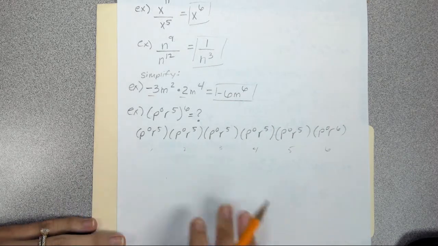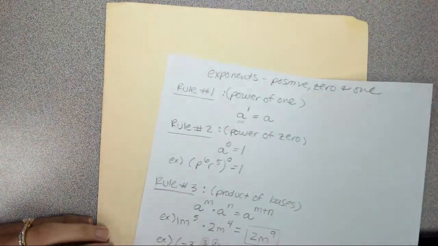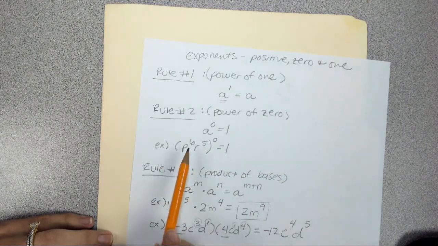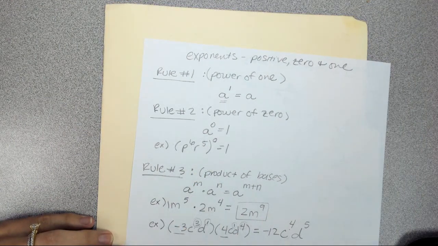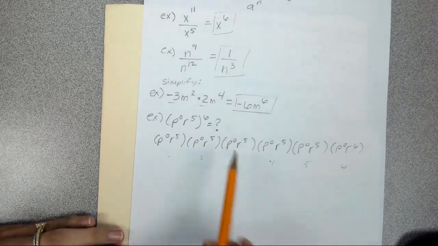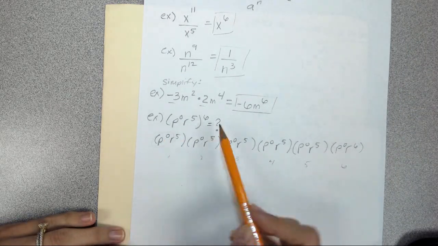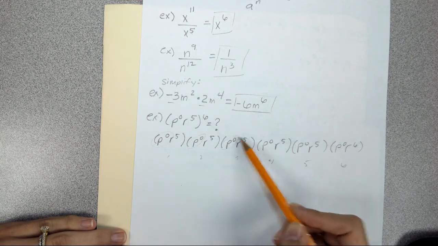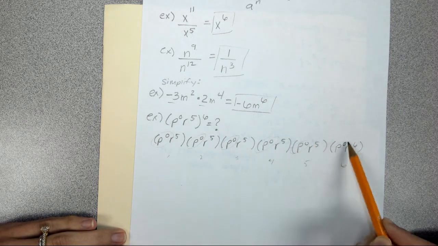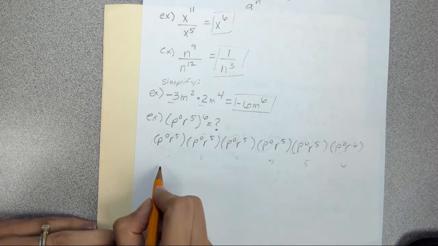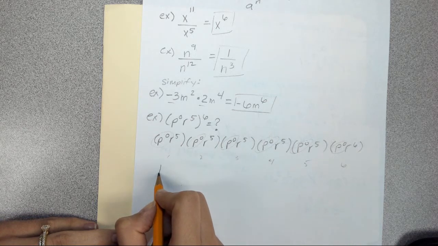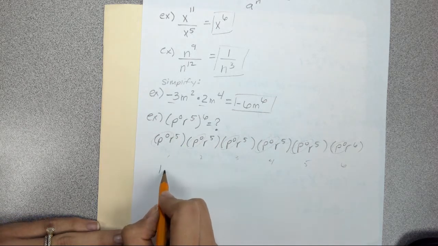So one of our rules over here told us anything to the power of 0 is equal to 1. That was rule number 2. So that means every time I see something to the power of 0, that is just like saying 1. And then I have r to the power of 5.